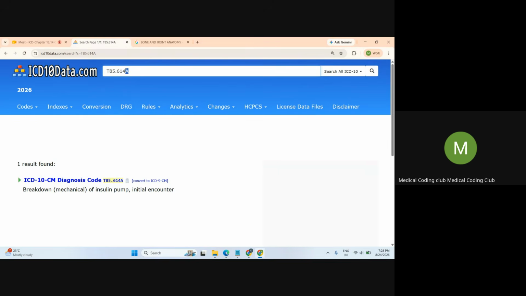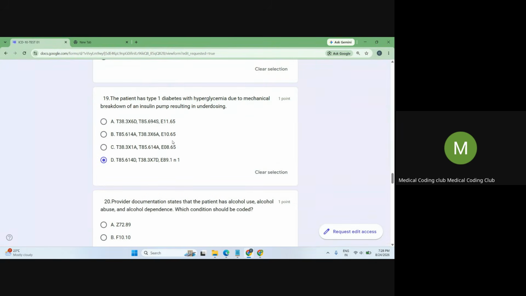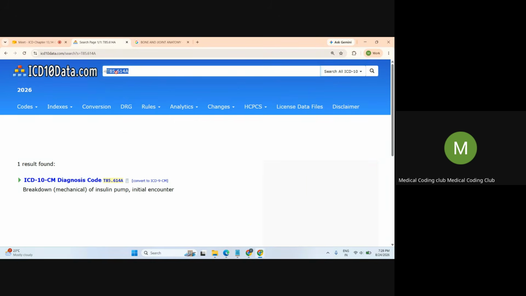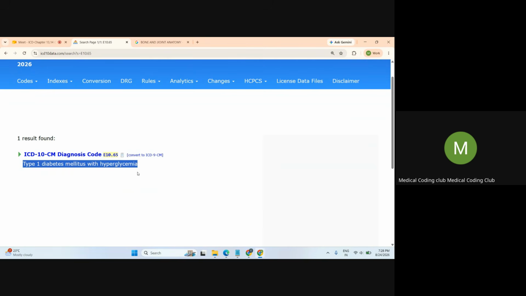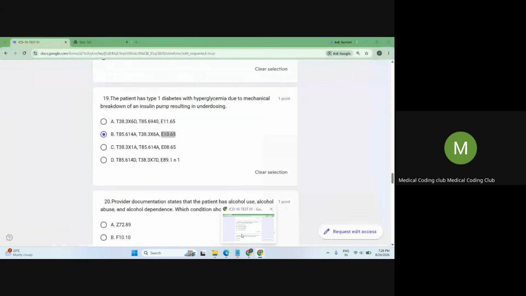So T85, mechanical complication, should come first as a primary diagnosis, then followed by underdosing, and then lastly you're going to sequence type 1 diabetes mellitus with hyperglycemia as a condition. This is the sequencing rule. Whenever you get this scenario, you must apply the guideline and code it accordingly. So option B is correct.